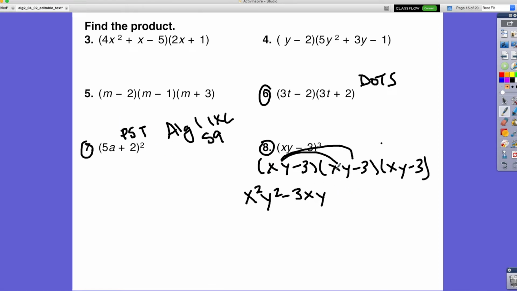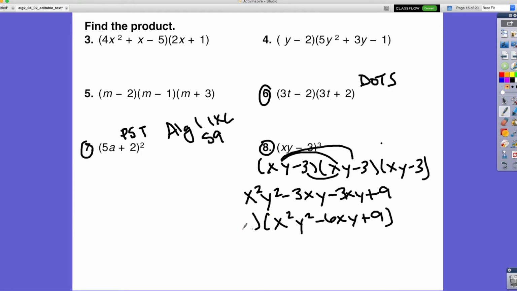But I'm just doing it the slow way so you guys can see it. Negative 3 times xy is negative 3xy. And negative 3 times negative 3 is 9. So if you knew that, you would know to double the middle part. So it's x squared y squared minus 6xy plus 9.